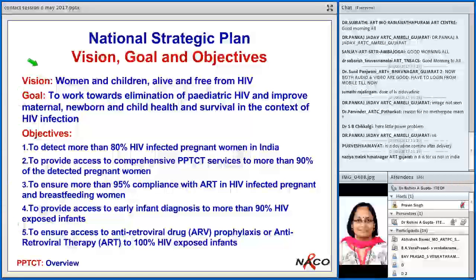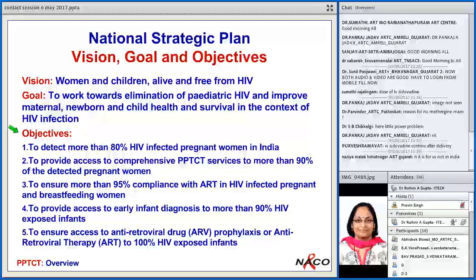So what is our vision and our national strategic plan? What is the vision, goal and objectives? The vision is women and children alive and free from HIV. Our goal is to work towards elimination of pediatric HIV, and improve maternal, newborn and child health and survival in the context of HIV infection.